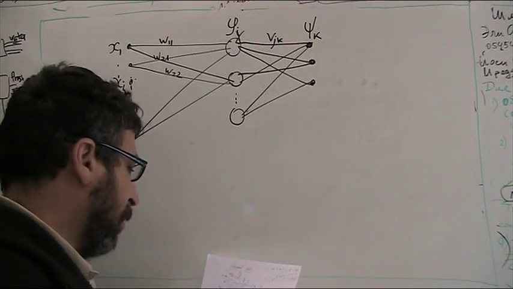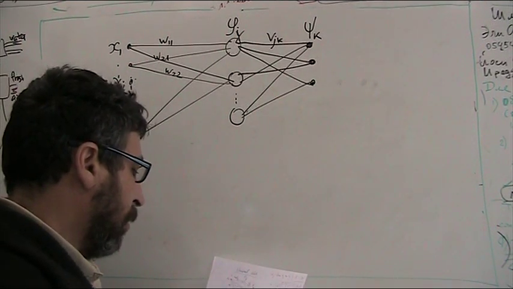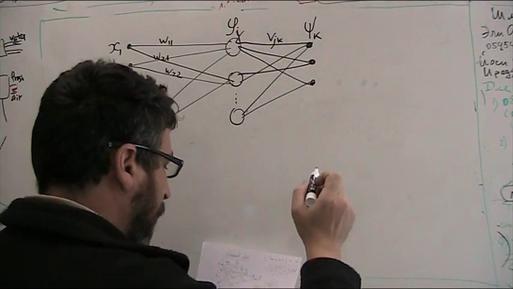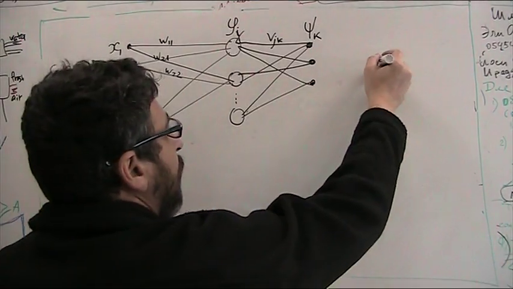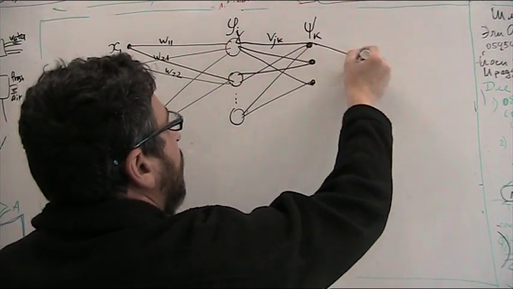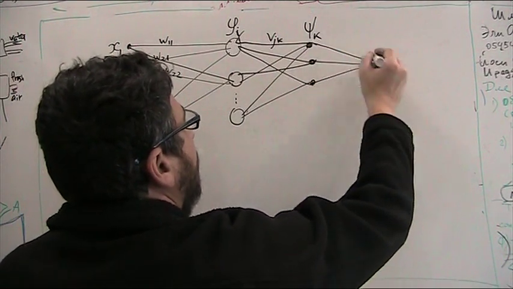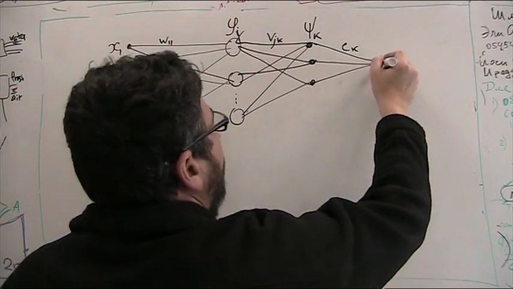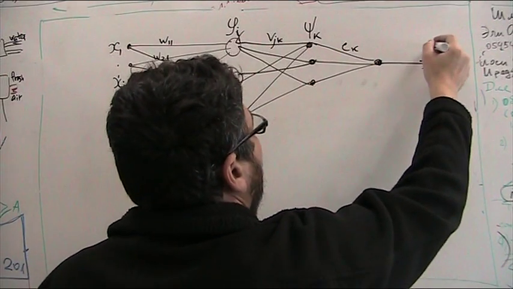And then some other coefficients, say ck, and this will be the output of the whole network Y.